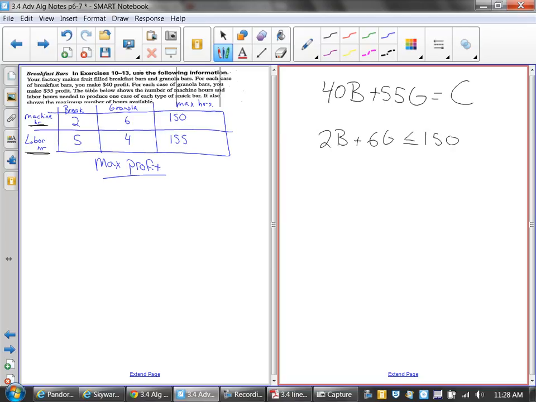The maximum hours. And then with labor hours, 5B plus 4G is less than or equal to 155. And you can't have negative boxes of granola bars.